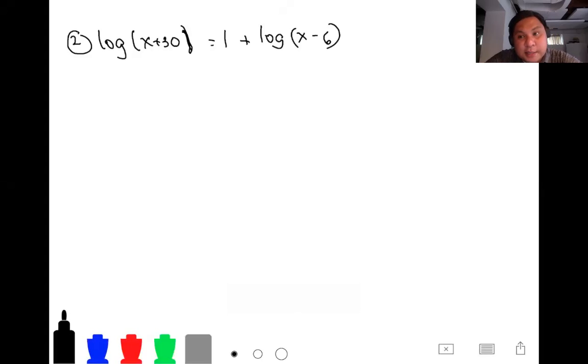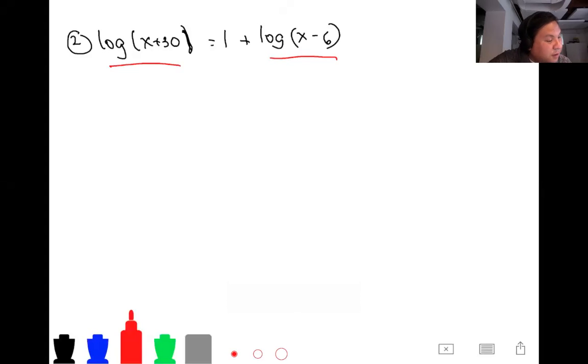The intriguing part for this one is that the logarithms are found on opposite sides of the equation. So how are we going to do this? The secret is to treat these logarithms just like any algebraic term.